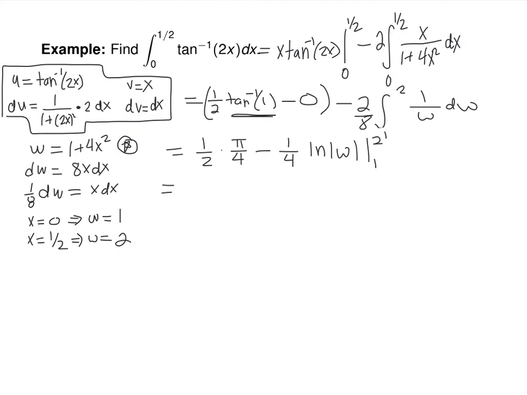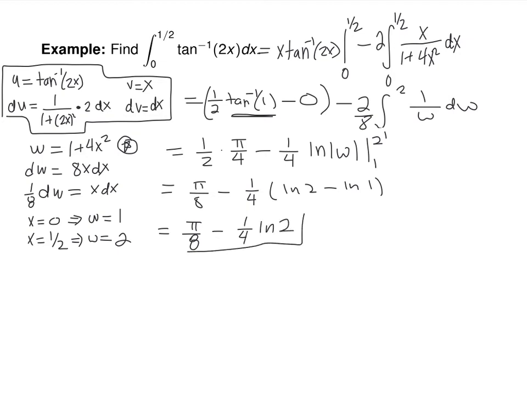So this will give us 1/2 of 1/4 is 1/8, so pi eighths minus 1/4 times ln of 2 minus ln of 1. Note the parentheses. In this case, they're not super important because ln of 1 happens to be 0. So your final answer is pi eighths minus 1/4 ln of 2.